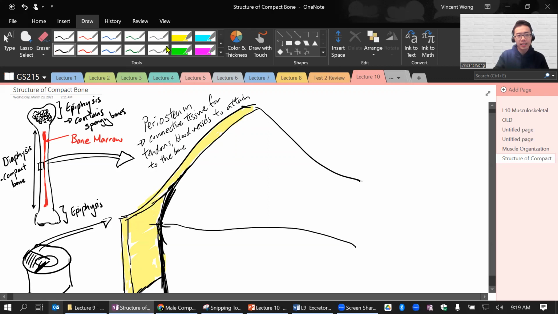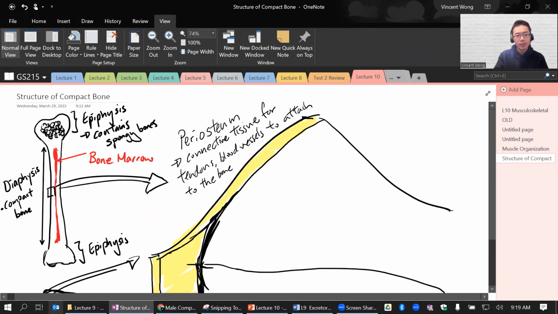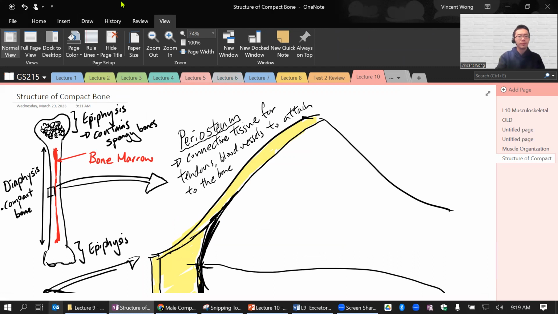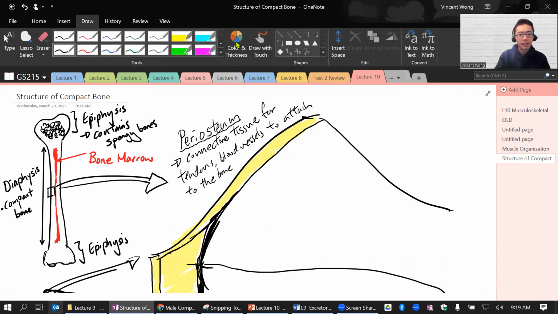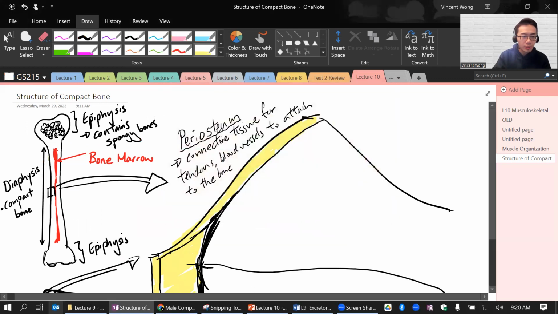Tendon is like the end of a muscle, right? And that needs to attach to the bone. And so that's what the periosteum is for. And it covers the entire bone. Like it covers the outside all the way.